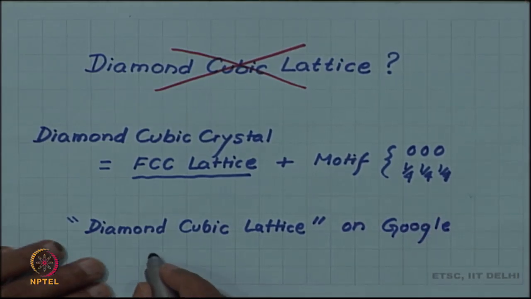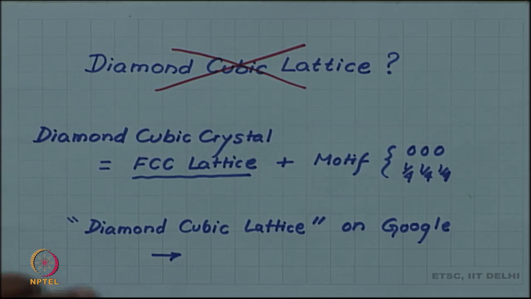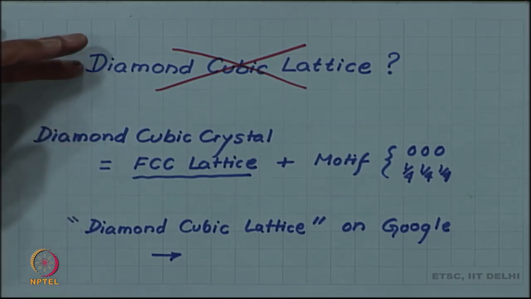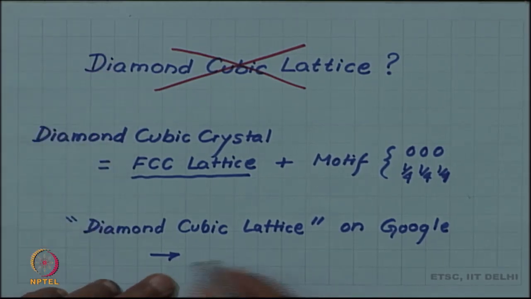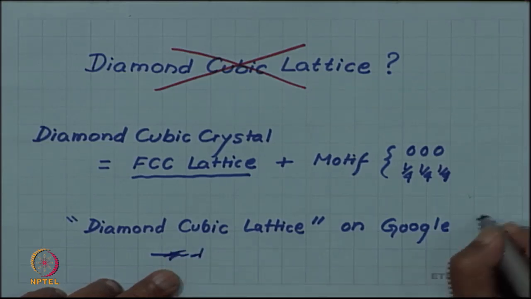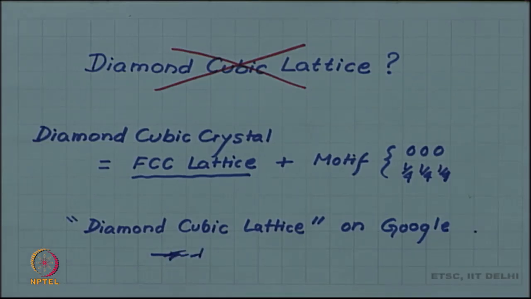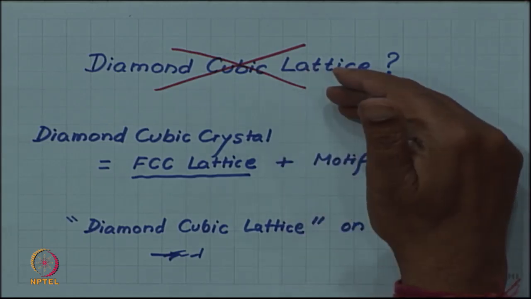And it will happily throw you thousands of websites which will be using the phrase diamond cubic lattice, which is incorrect. So, do this on Google. You can also see why this is incorrect.